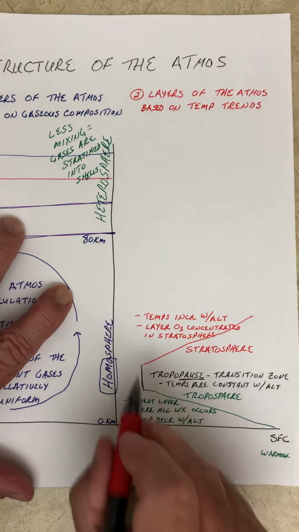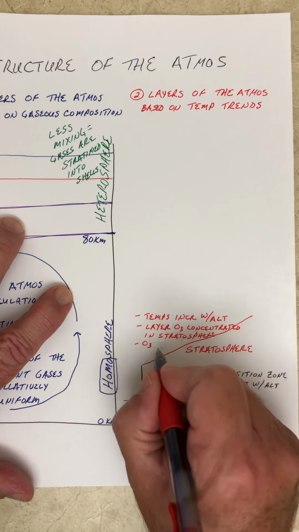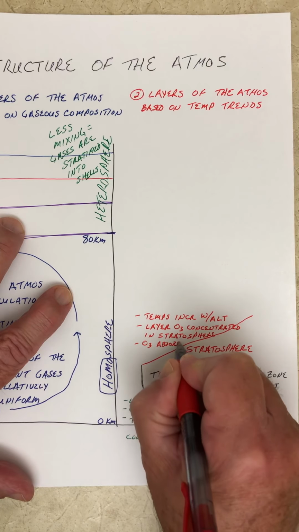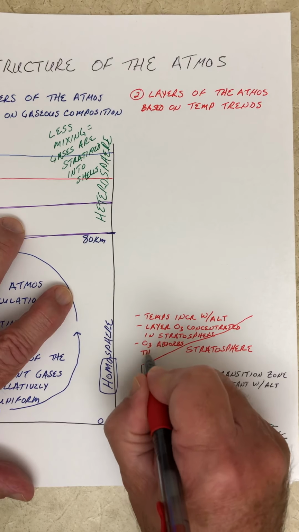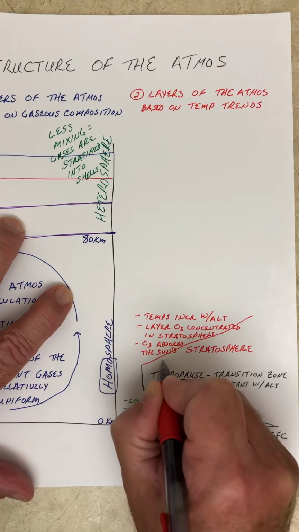Okay, and so that ozone absorbs the sun's ultraviolet radiation.